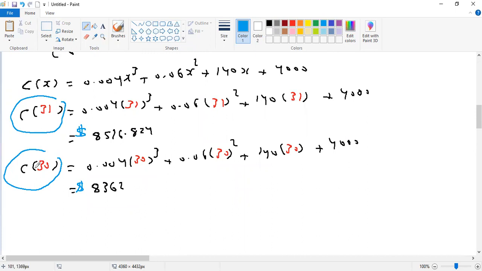Now C of 31 minus C of 30 is the exact cost of the first unit after 30.